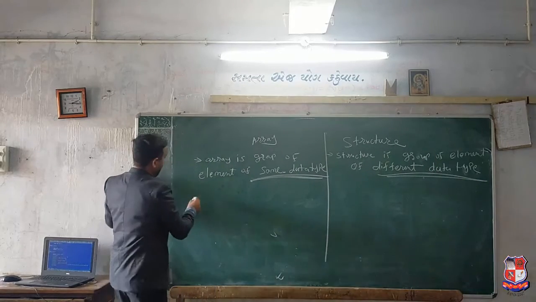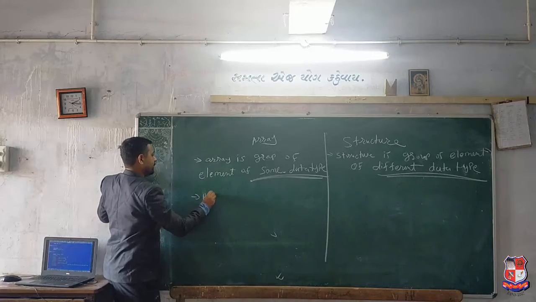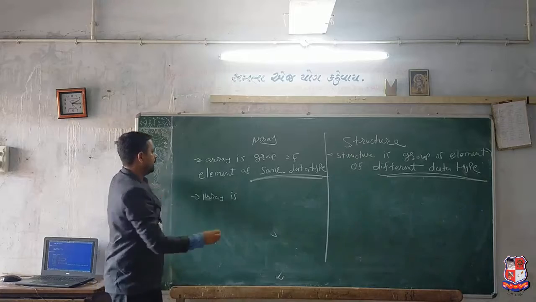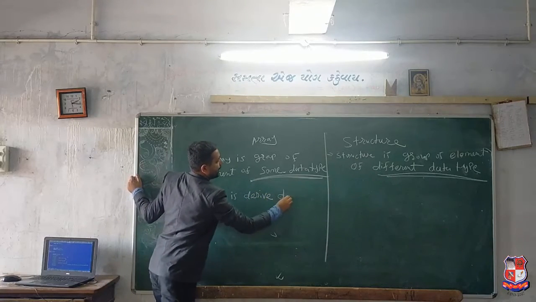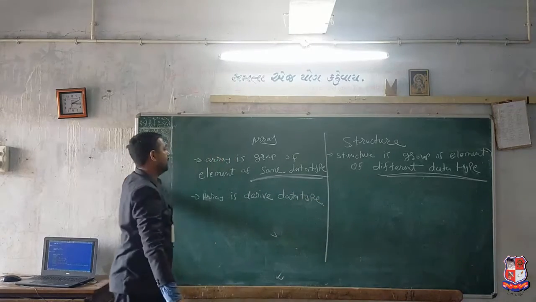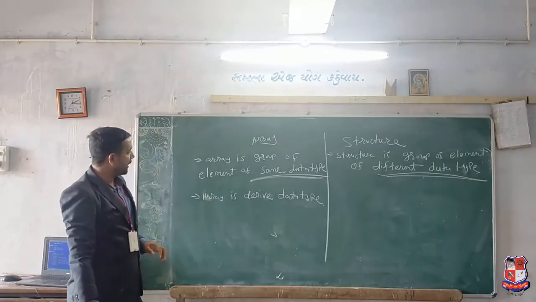Second one is data type. Array is a derived data type. There are three types of data type: primary data type, user defined data type, and derived data type.